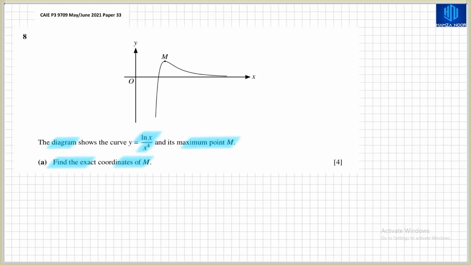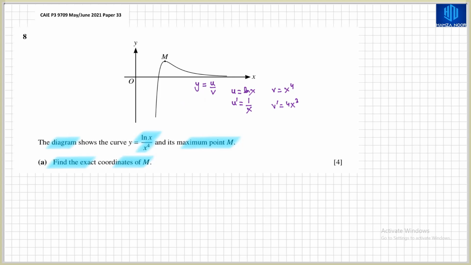Since we want to find the maximum point, first of all we need to find dy over dx and equate it with 0. Since the equation of the curve is in the form y equals u over v, u equals ln x, therefore u dash equals 1 over x. And v equals x raised to the power 4, therefore v dash equals 4x cubed.